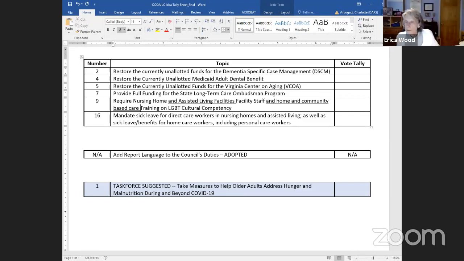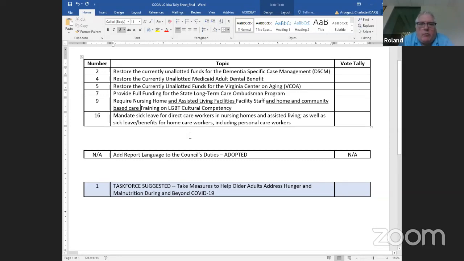This is a recommendation, not the language for legislation, and I'll probably work with Sage to try to get the right language. So I appreciate David clarifying and reining us in here. I like the way it reads now. If you want to take out home and community-based care, that's okay, but I like it like it is.